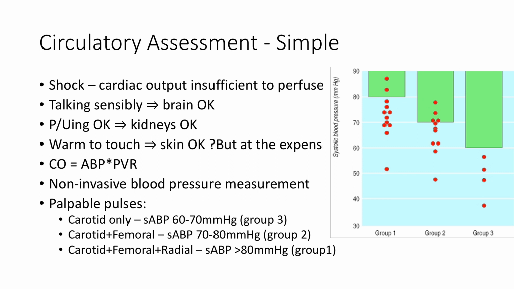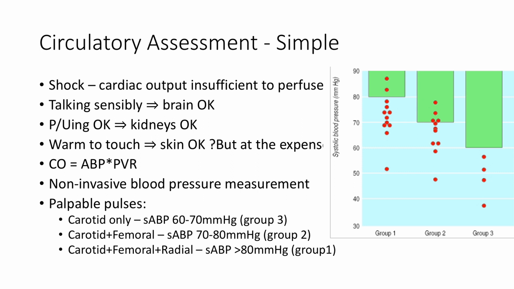So if you look at this infogram here, if you can only feel the carotid pulse, then your blood pressure is probably 60 or 70.